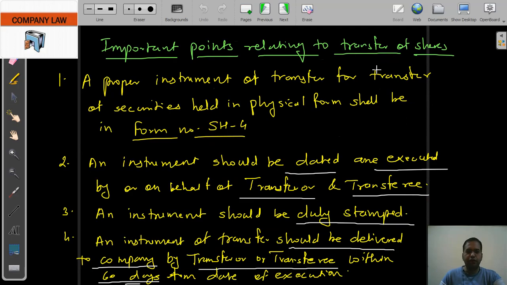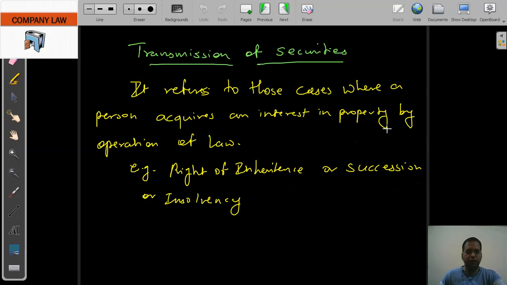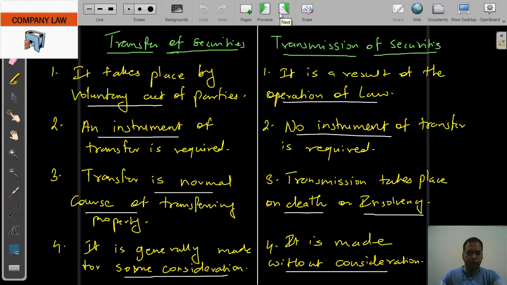These are the important points. Transmission, this is a kind of definition. Operation of law. And then we discuss the transfer versus transmission.